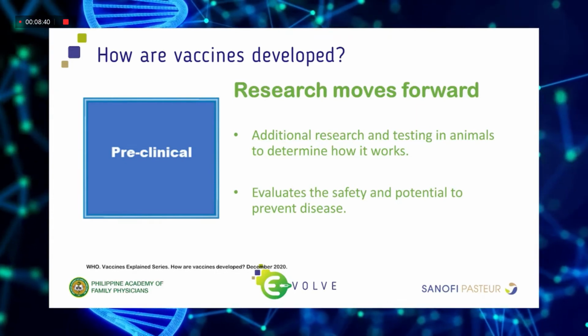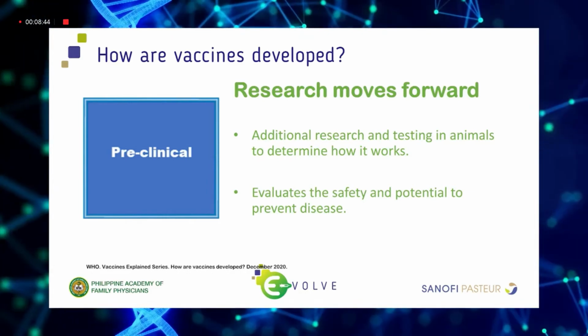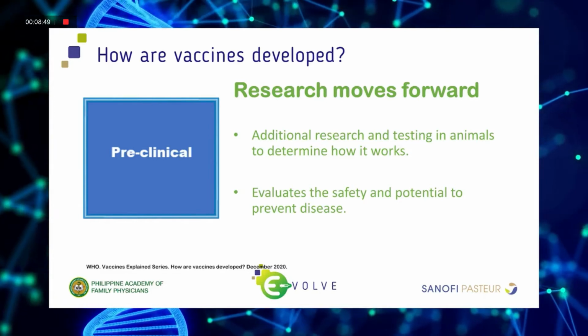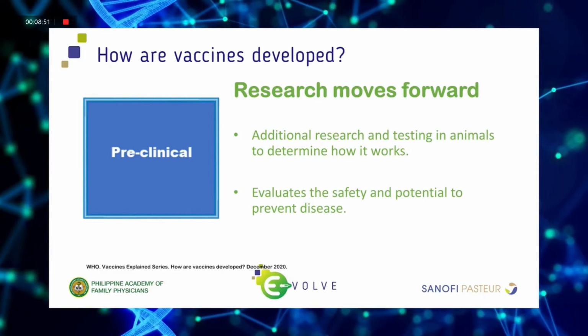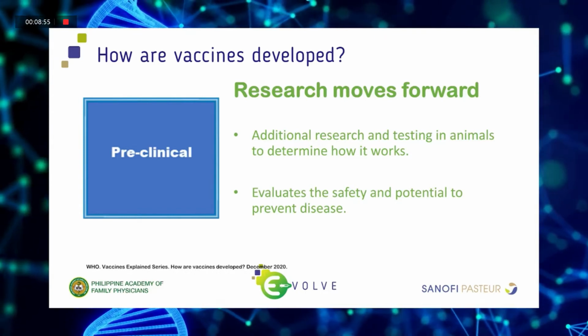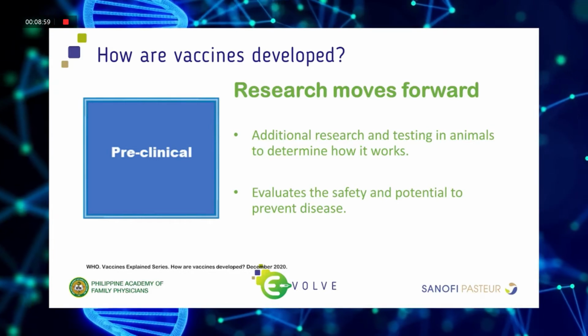These tests are known as the preclinical phase. An experimental vaccine is first tested in animals to evaluate its safety and potential to prevent disease. If the vaccine triggers an immune response, it is then tested in human clinical trials in 3 phases.